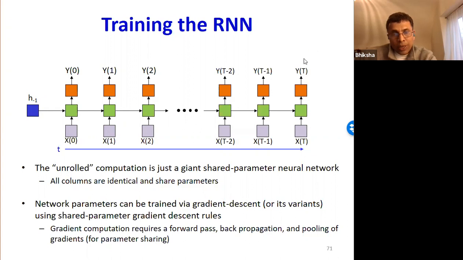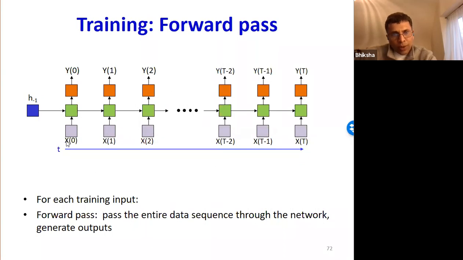But the end over here happens to be the final time, and backwards happens to be going backwards in time, which is why we call this backpropagation through time. Now, to compute the gradient, we are going to first perform a forward pass, where for each input, we'll pass the input sequence through the recurrent network and generate a sequence of outputs.